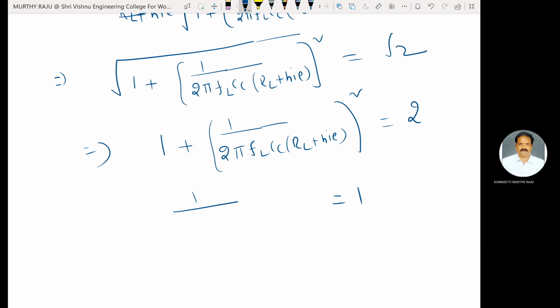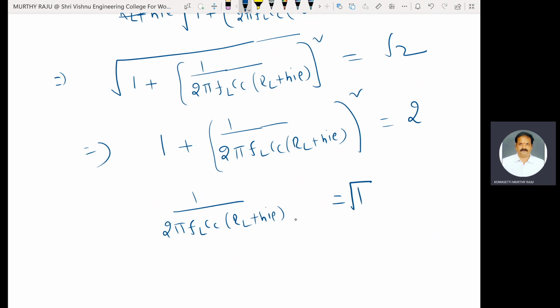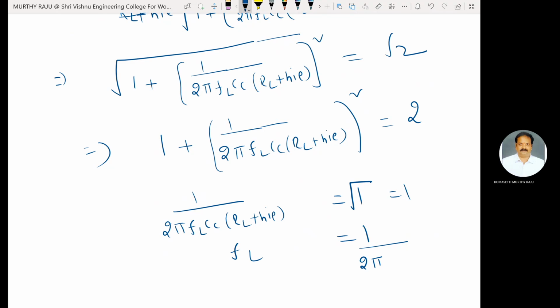Then 1 by 2 pi FL CC into RL plus HIE whole square, the square is on this side so we convert it into root 1, and root 1 is equal to 1. From this expression, FL is equal to 1 by 2 pi CC into RL plus HIE.